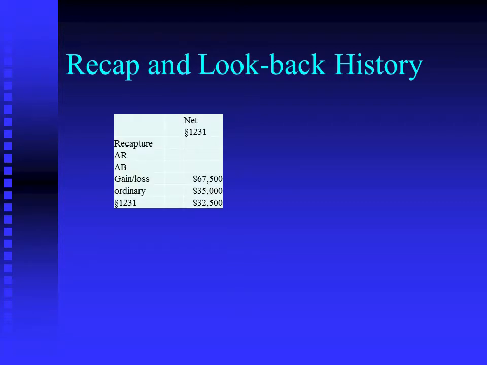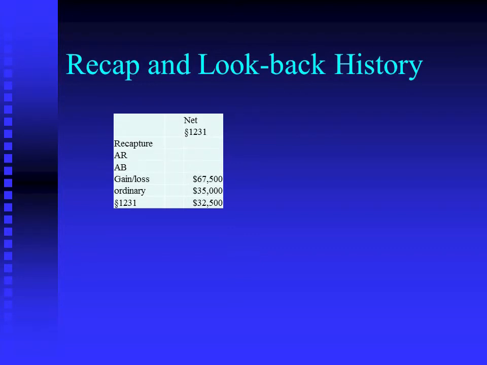All right, so our total gains from our 1231 property was 67.5, but our 1231 gain itself was only 32,500 because the rest of it was ordinary because of various depreciation recaptures.